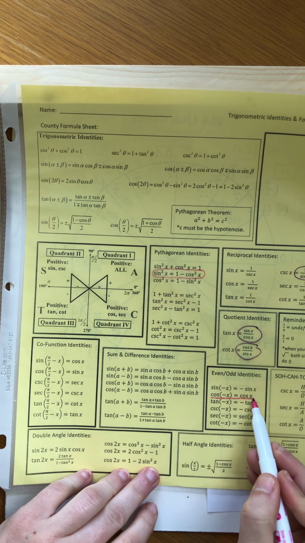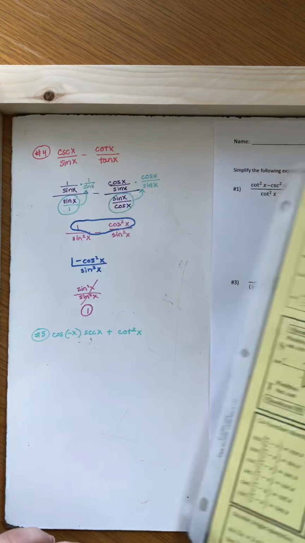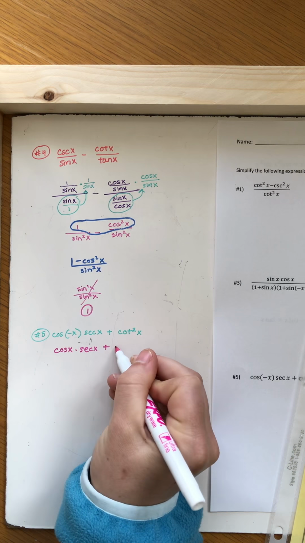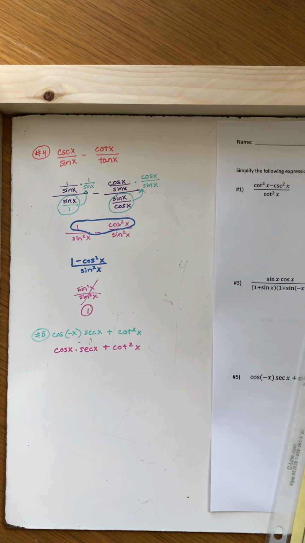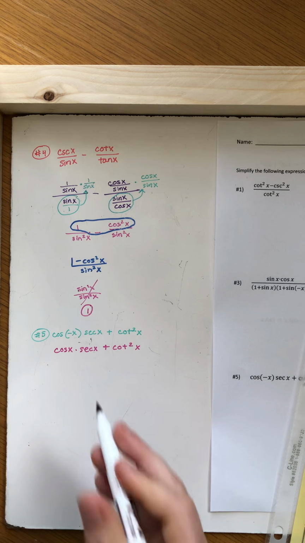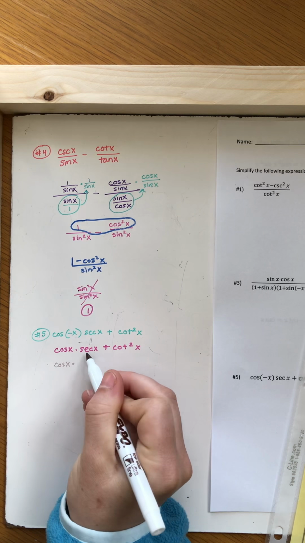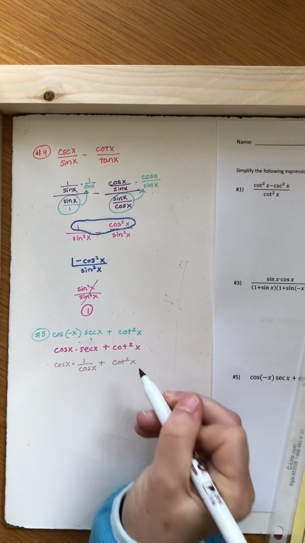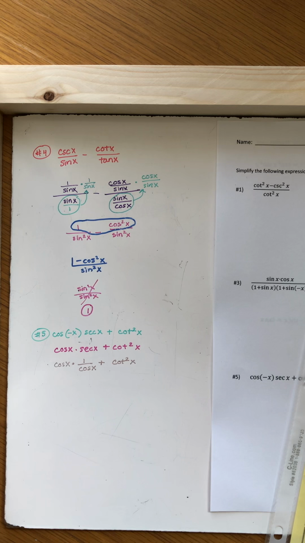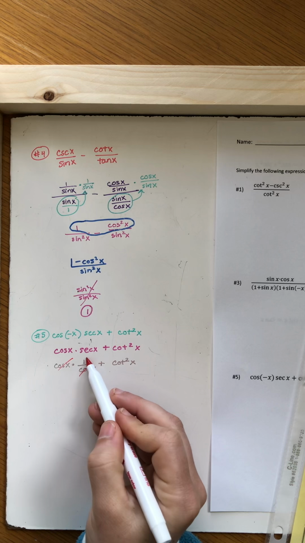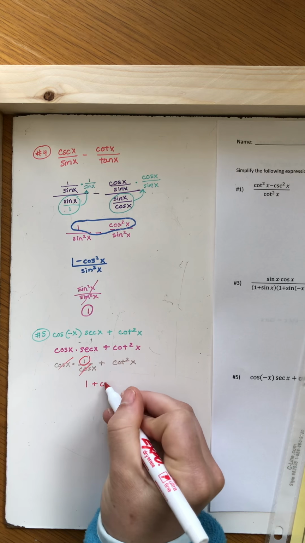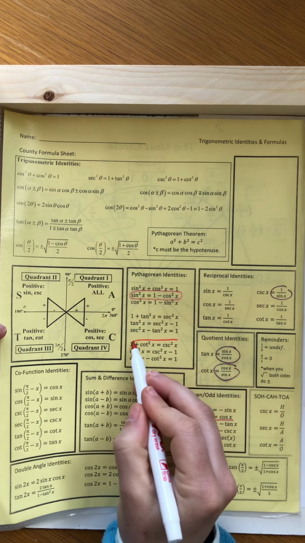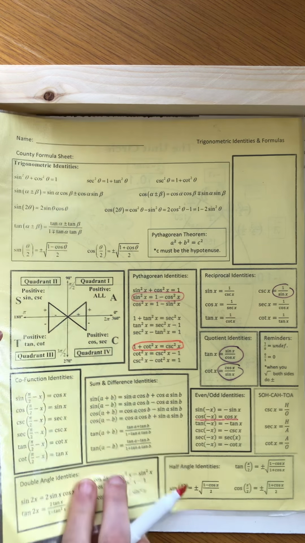So for cosine of negative x, the negative goes away and they get cosine x times secant x plus cotangent squared x. We keep my cosine, change secant to be 1 over cosine. And then the cosines cancel because I have 1 at the top and 1 at the bottom. And I'm left with 1 plus cotangent squared x, which is another identity. It's cosecant squared x.